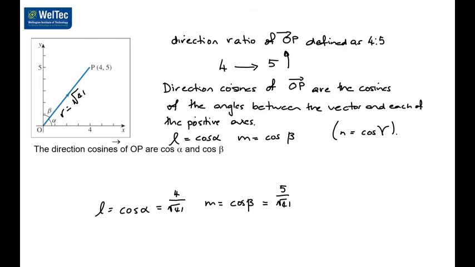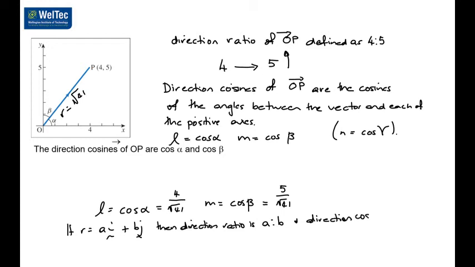So generalizing then, if r is equal to a standard vector like that, then the direction ratio is a to b, and the direction cosines, these are the cosines of the angles between each of the axes.